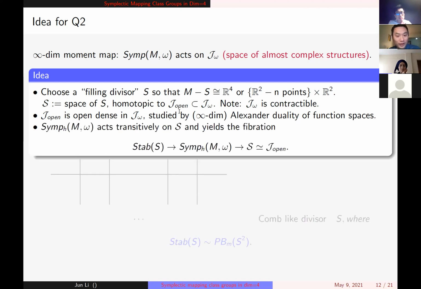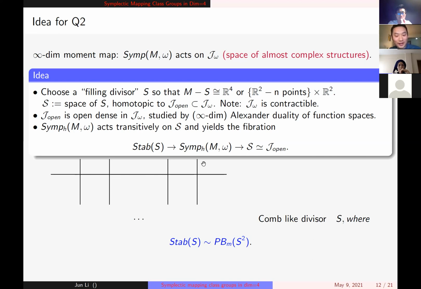Now we are going to look at such a transitive group action, okay, so that the orbit space is J_open, at least the homotopy type is J_open. It's partially understandable. And then the stabilizer is the stabilizer of the filling divisor. Now a quick illustration of what this filling divisor looks like. We always try to make this divisor a comb-like divisor.